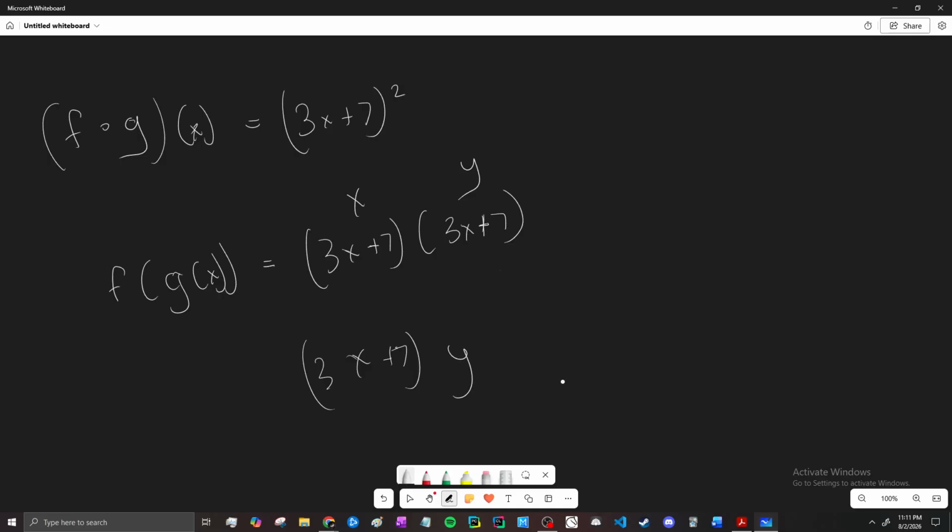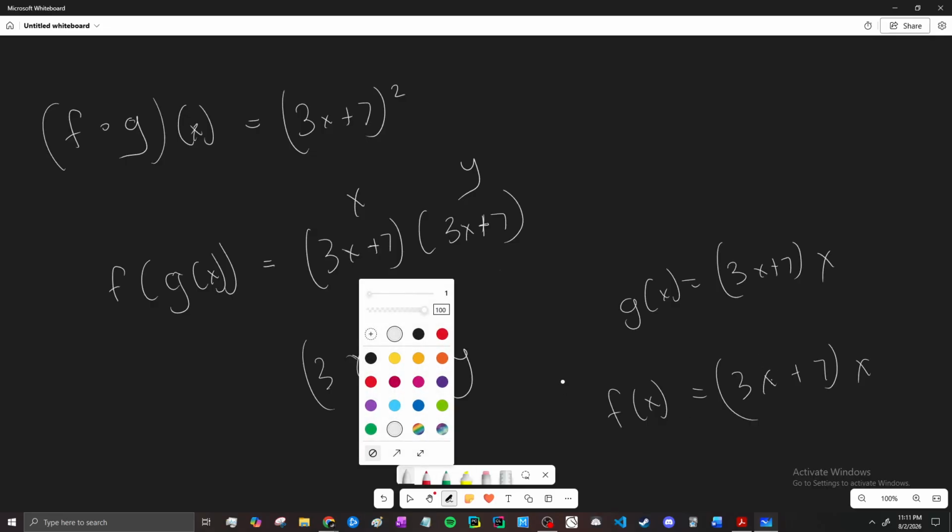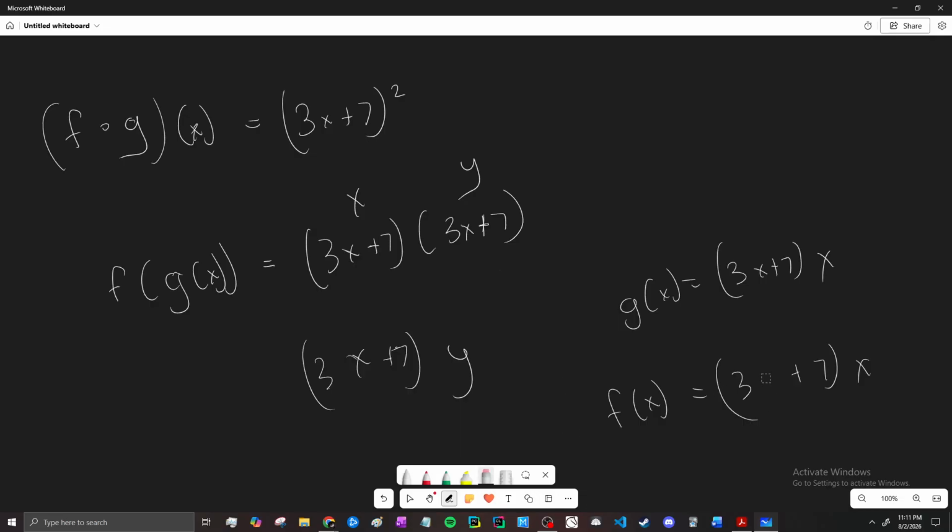So let's say g of x will be something like 3x plus 7, and then times x. So when you do f of g, and then you let x equal like 3, the thing is, this x is also implicated here too. So I guess that's where I think of.